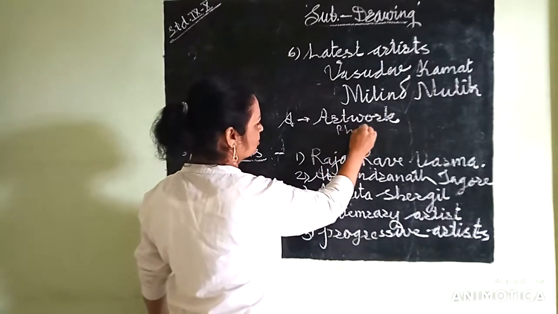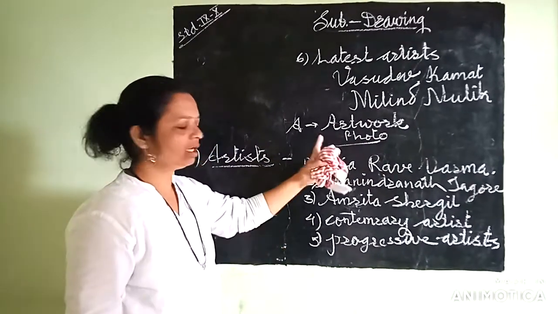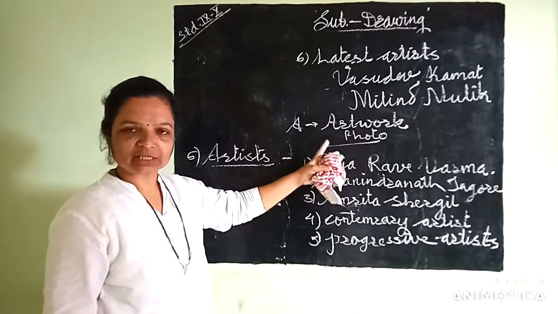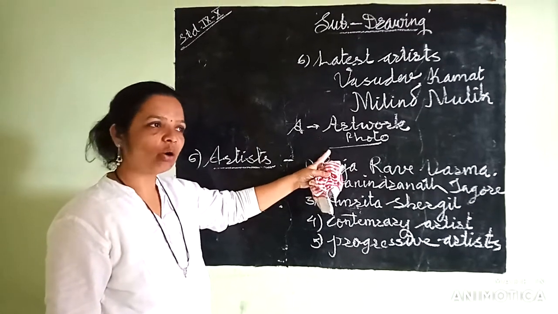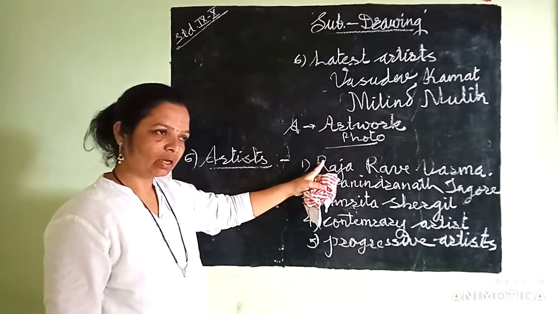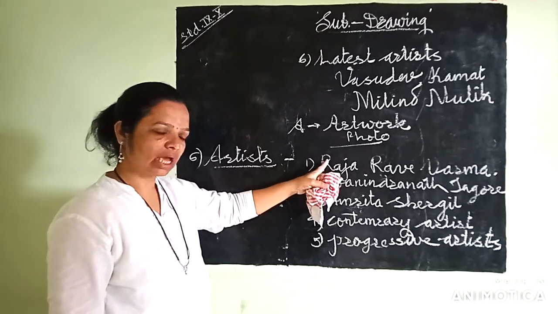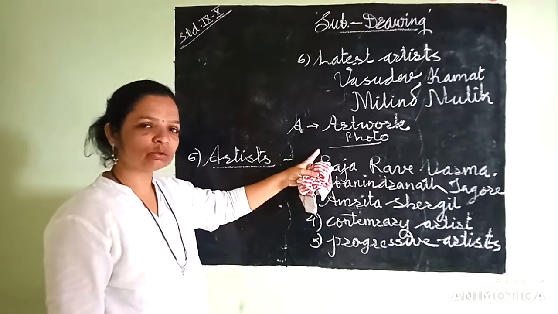Photo, main features, color, medium, size of that painting, whether it is a composition or portrait or landscape or abstract painting, or in which style it is done, you can write it.